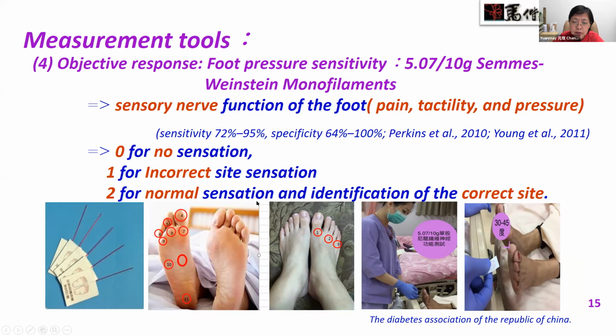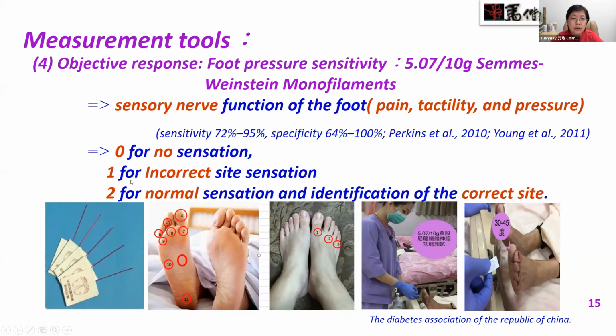For normal sensation and identification of the correct site, we give a 2. If they say they feel it but identify the wrong site, we give a 1. So we use this for foot pressure sensitivity.